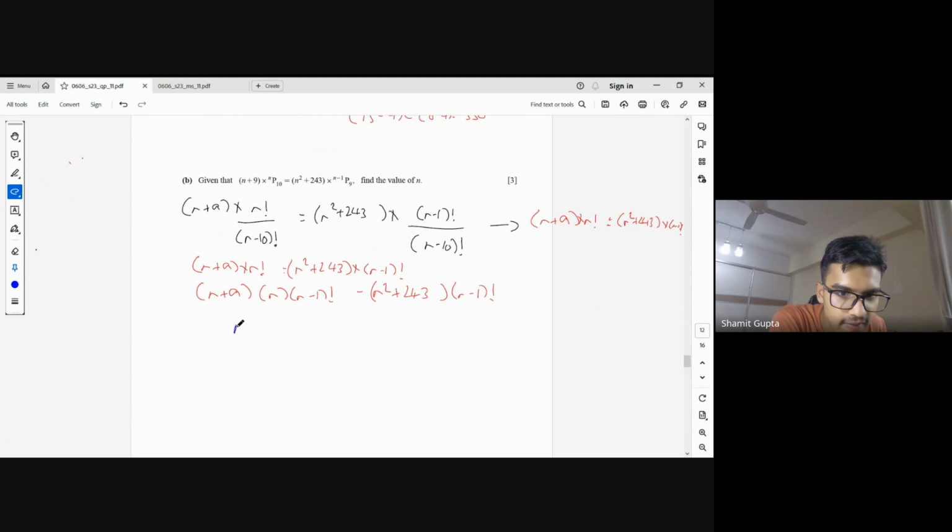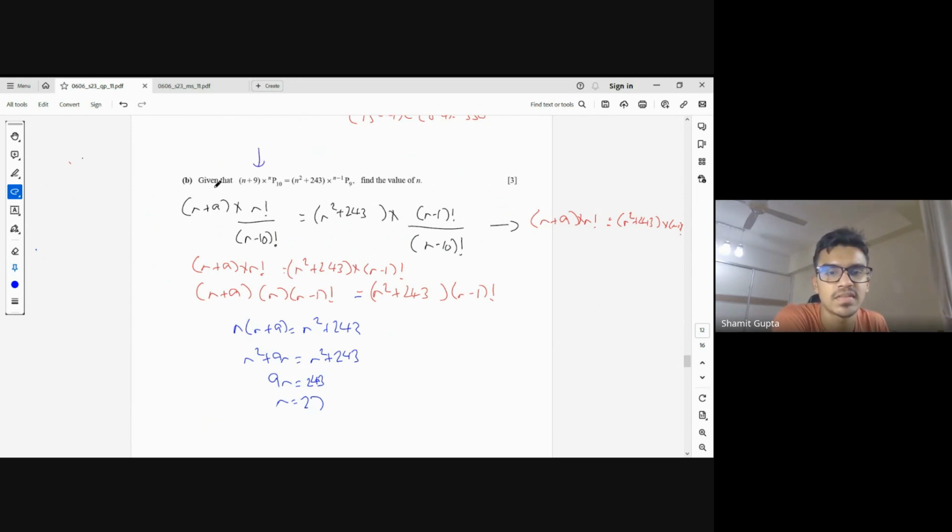So it becomes n times n plus 9 is equal to n square plus 243. So it becomes n square plus 9n is equal to n square plus 243. So 9n equals 243. N is equal to 27.